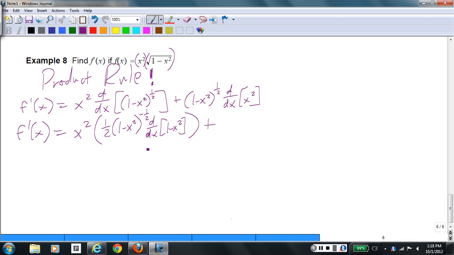So it's like we're just applying the power rule. 1/2 comes out in front. We subtract 1 from the exponent. We get negative 1/2. We keep the expression inside the parentheses the same, and then we multiply by the derivative of the expression inside the parentheses. Eventually, the next step, that'll be negative 2x, plus 1 minus x squared to the 1/2 times 2x. Easy one there. No chain rule necessary.